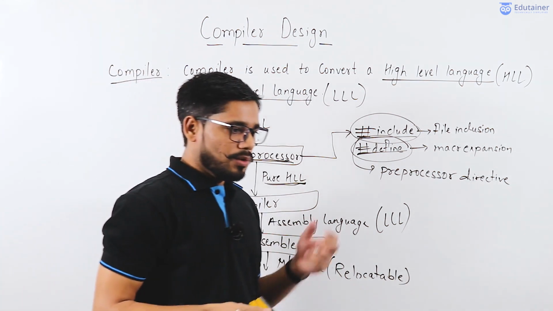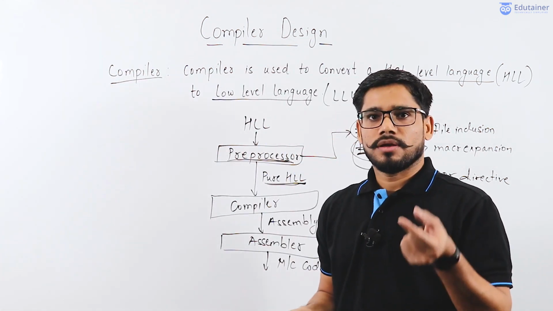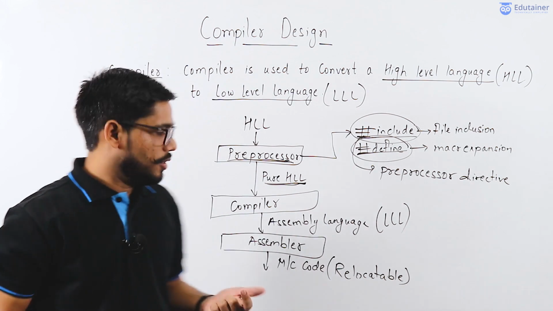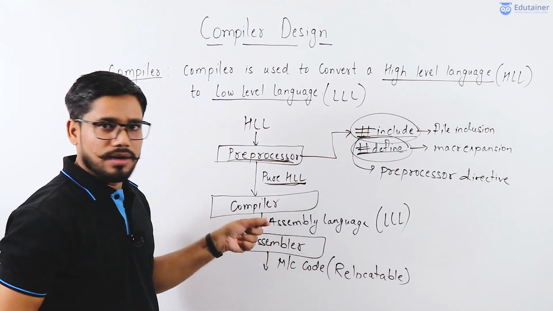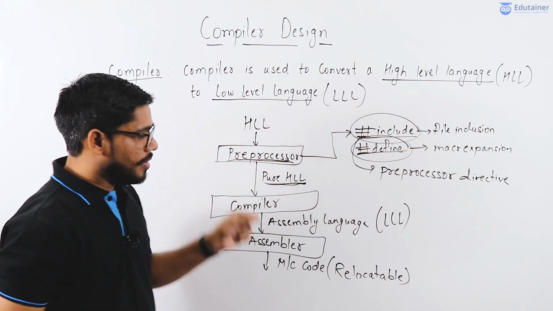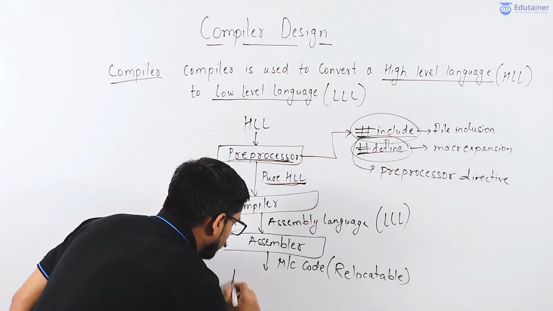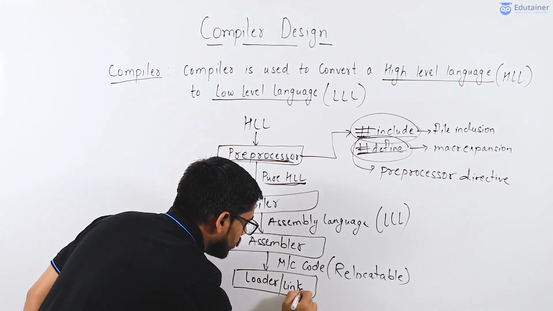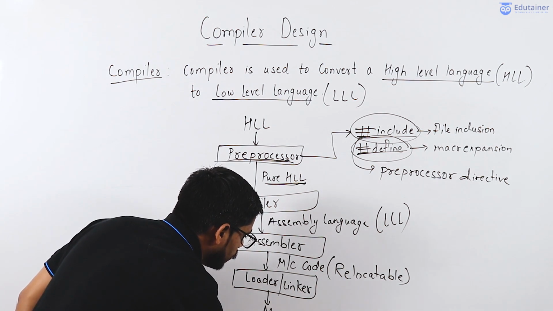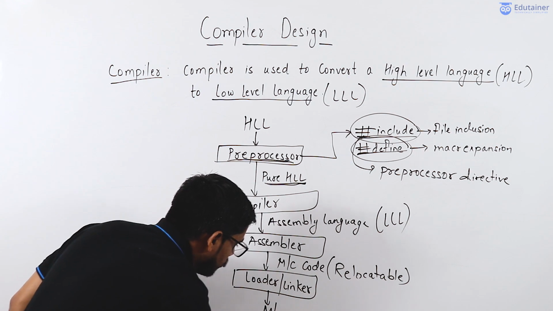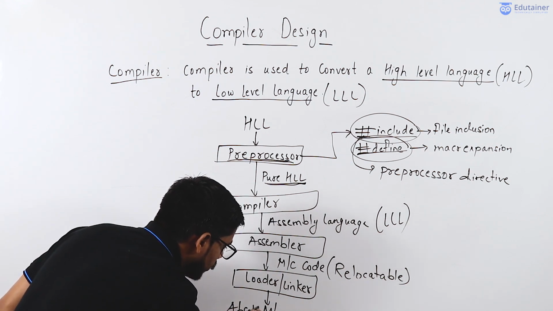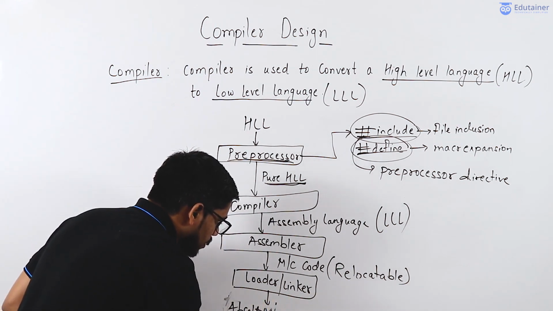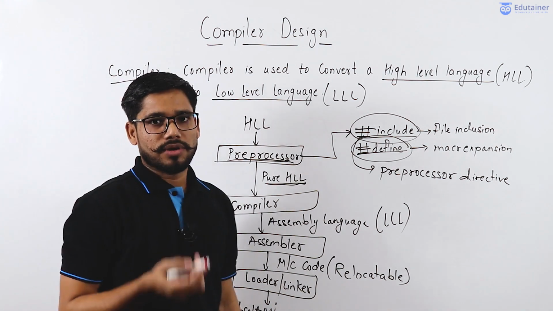Relocatable means the lines of code are arranged in a random form, and we have to arrange them in the machine so that every line can be executed in order. So we need a loader or linker to convert this machine code into absolute machine code, which is our final target, the code that can be run by our computer.